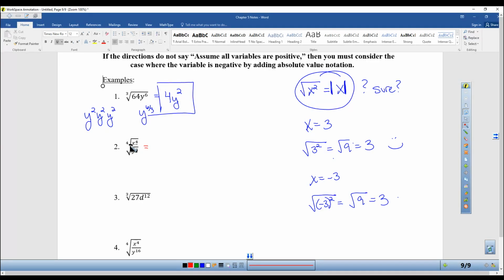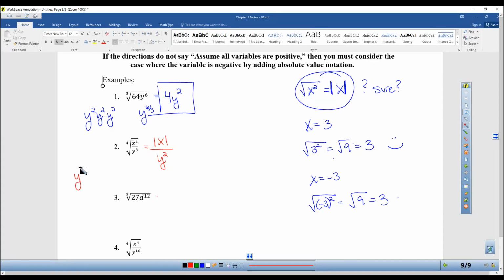So the fourth root of x to the fourth is x. But if x was a negative number, once you raised it to the fourth, that would make it positive. And then when you take the fourth root, it would still be positive. So it's always going to come out to be positive. So I need to write the absolute value of x. Y to the eighth, fourth root, would be y squared.